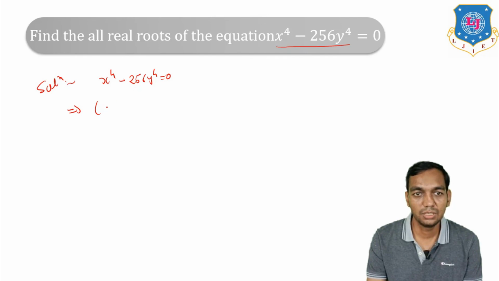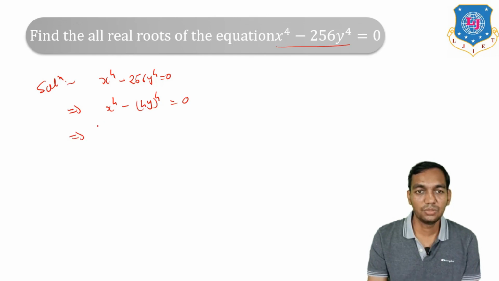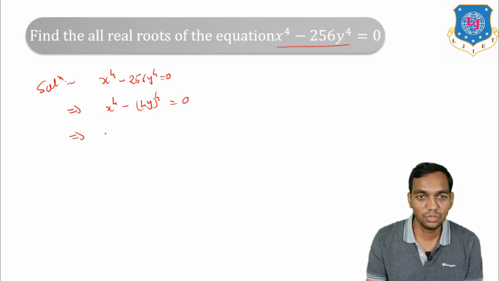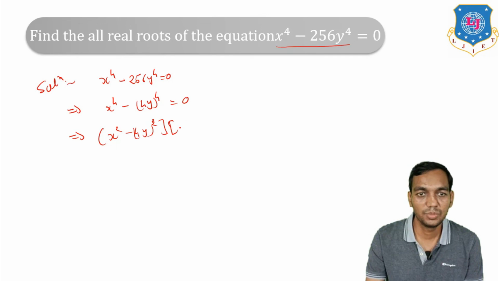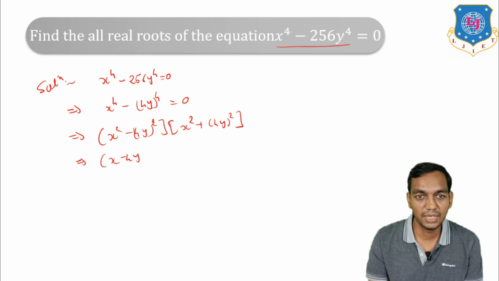So this is going to be x raised to 4 minus 4y raised to 4 is equal to 0. So if you are going to take the factors, then first I am going to write this as x square minus 4y the whole square into another bracket x square plus 4y the whole square. So again this has the factors x minus 4y and x plus 4y.